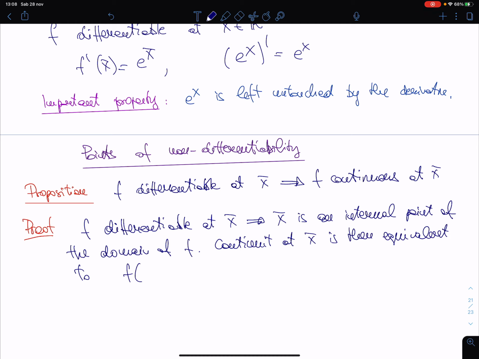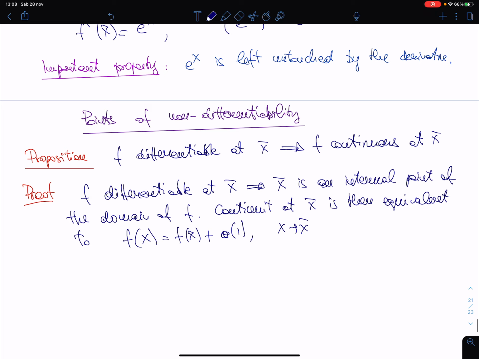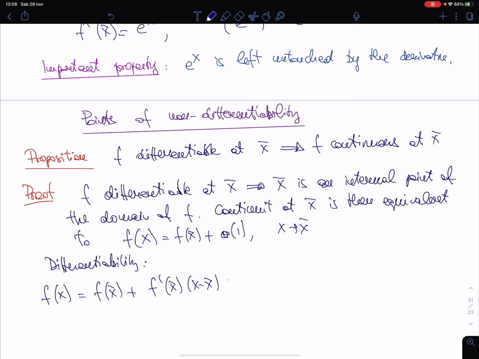So it is equivalent to f of x is equal to f of x bar plus little-o of 1 as x goes to x bar. So again, differentiability says the following, that f of x is equal to f of x bar plus f prime of x bar times x minus x bar plus little-o of x minus x bar as x goes to x bar.